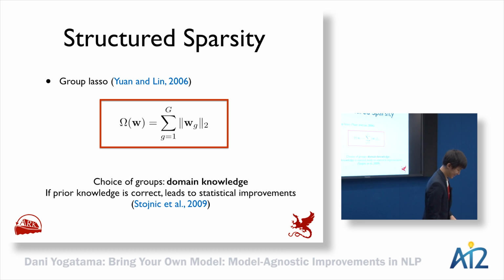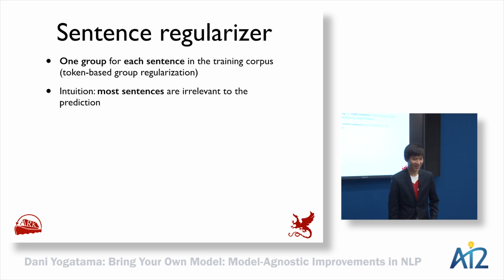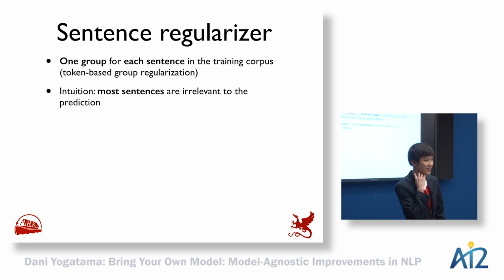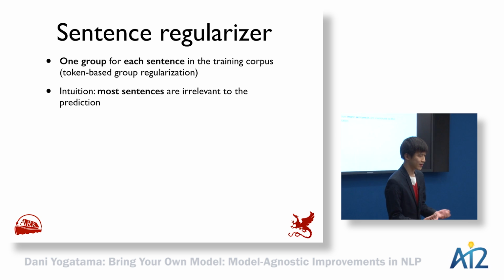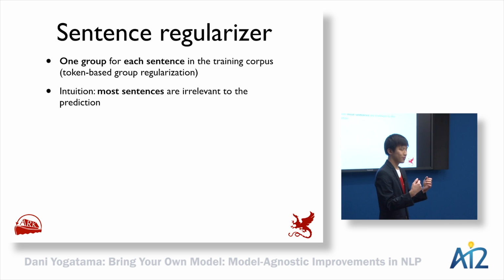Okay, so our basic idea is simple. We'll just define one group per sentence. Again, the intuition is that not all sentences are relevant to the prediction. So we want to drive the weights of these sentences to 0, right? And also we've added contextual information, so we penalize words appearing in a single sentence together, basically.